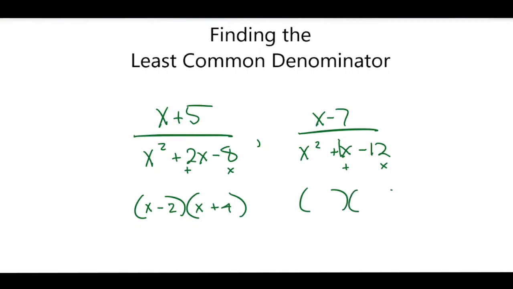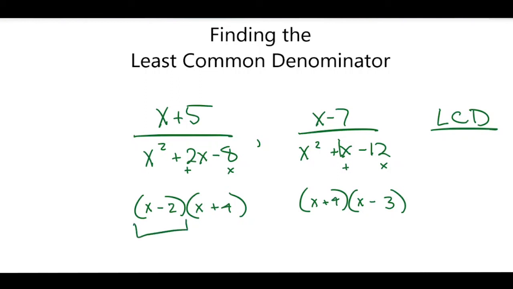So those would be x, and two numbers that multiply together to be a negative. It would have to be a positive and a negative, right? And so those two numbers would be 4 and 3. All right? So if we're looking for our least common denominator, remember, for every factor we're looking for the highest power.